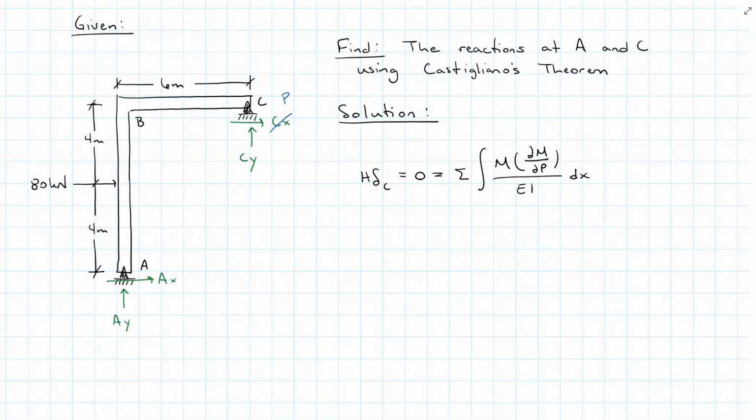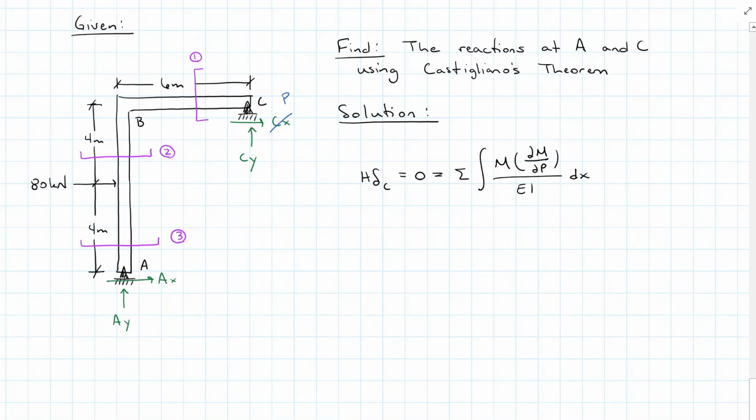To get my moment equations, I need to make sections. So I've got C to B. That's going to be my first section, and I'm going to take it to the right towards C. And then I have a corner at B where I travel down to my 80 kilonewton force. I am again going to take my section towards C because that is going to limit me to the one reaction Cy that I don't know in terms of P instead of dealing with Ax, Ay, and Cx.